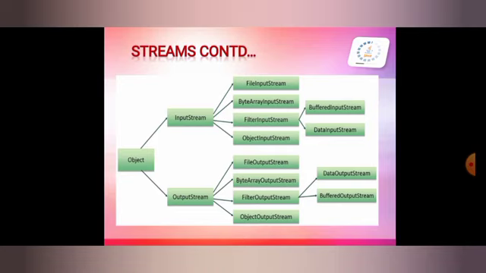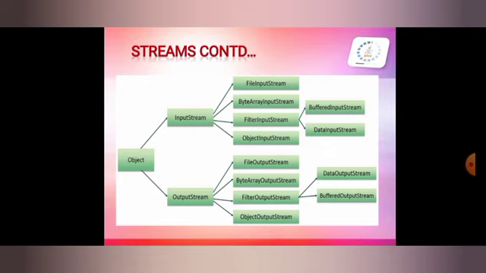File input stream and file output stream are used to read the data from the sources and write the data to the respective destination. The byte array input stream and byte array output stream allow us to read and write data that can be written to multiple files together. Here, byte data is written together.